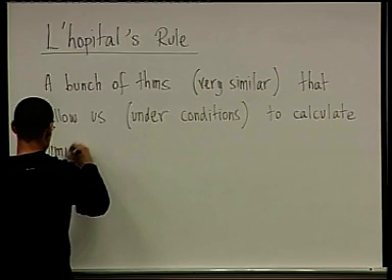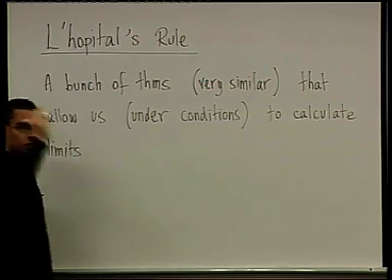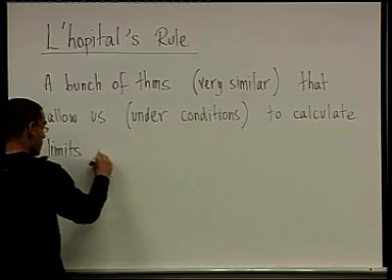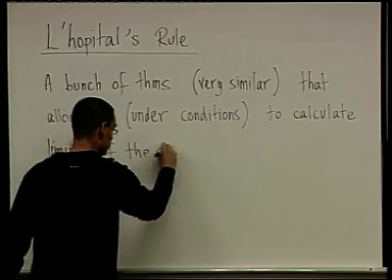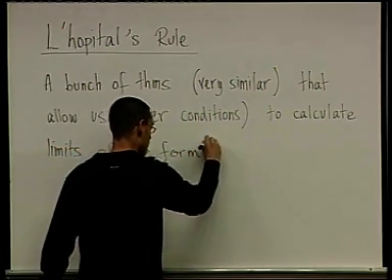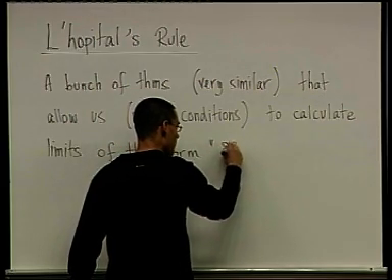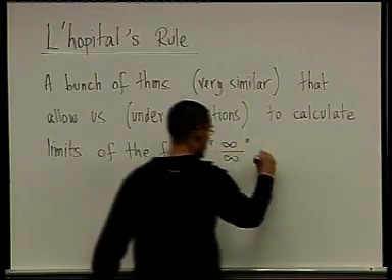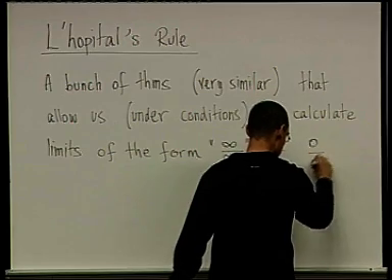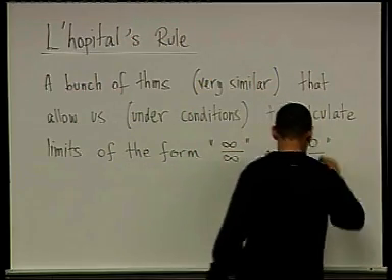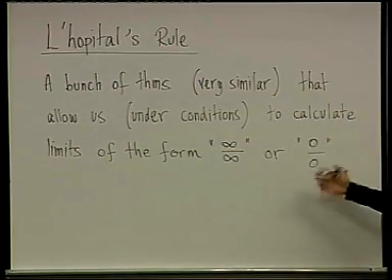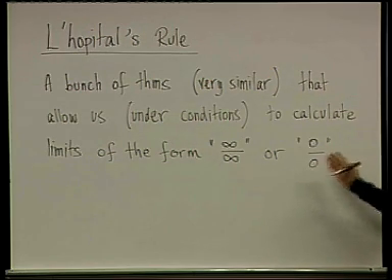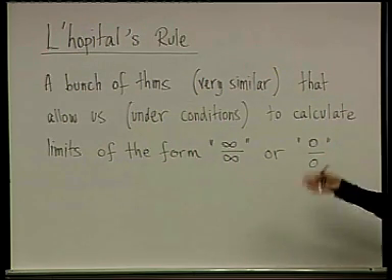And not just any limits, the most annoying limits, limits of the form infinity over infinity, or 0 over 0, right? These are the limits that limit arithmetic doesn't work for, and we always had to work harder.